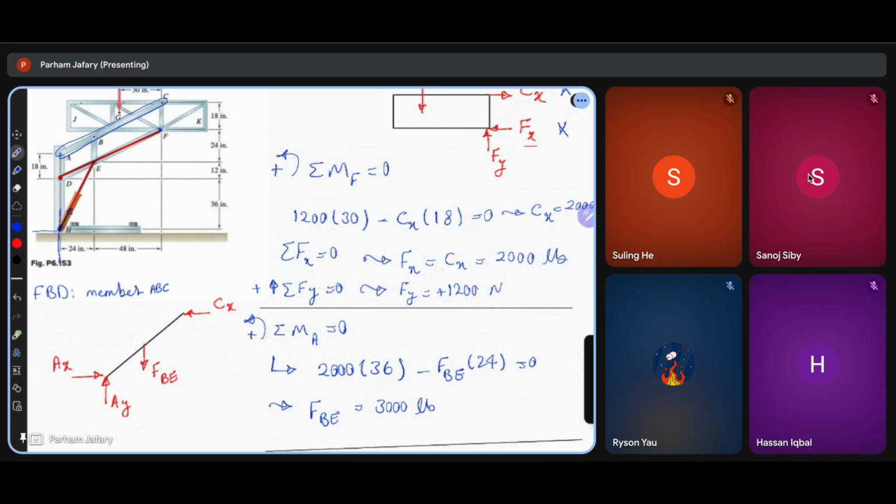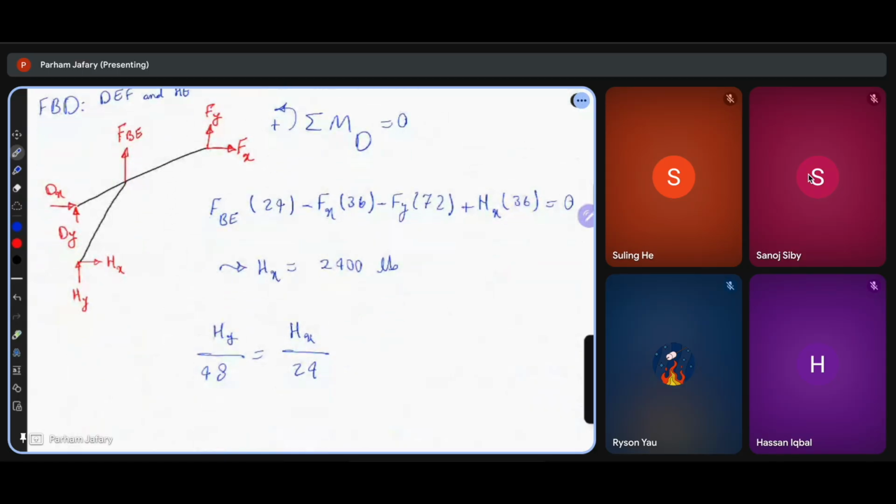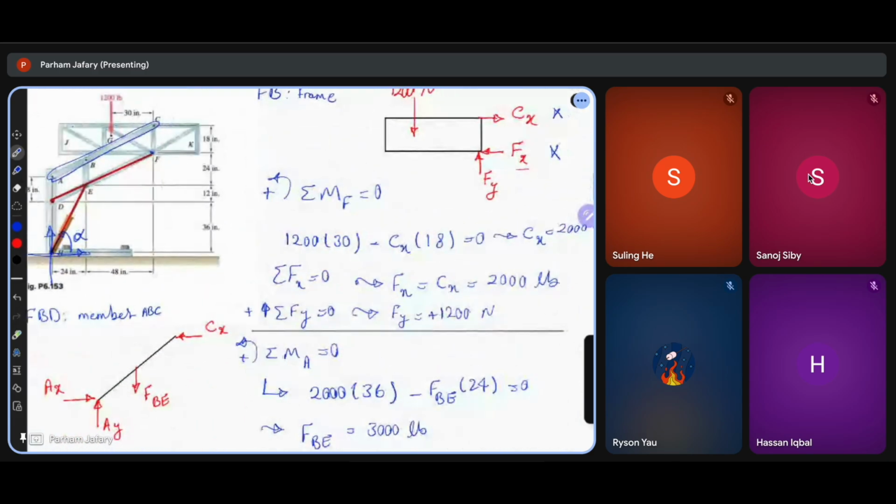You have Hx and Hy. You have an angle here, alpha, and the ratio of Hx and Hy is the ratio of the front here to the side here, right?